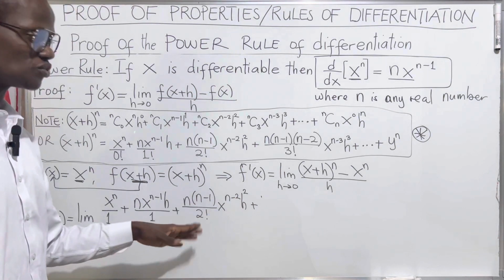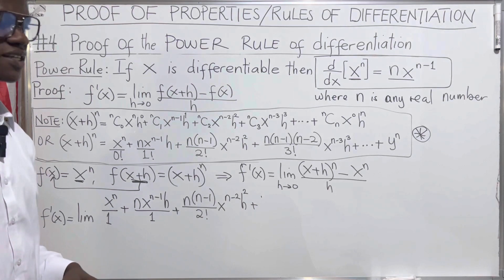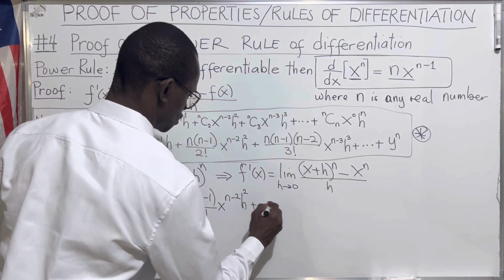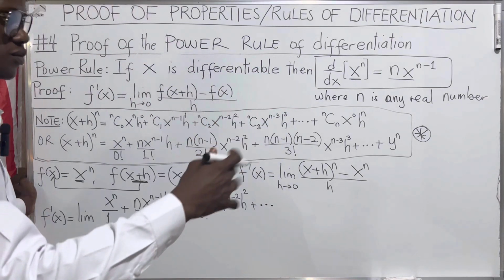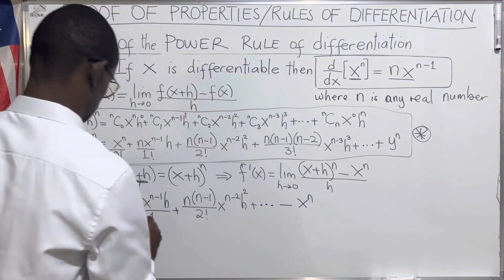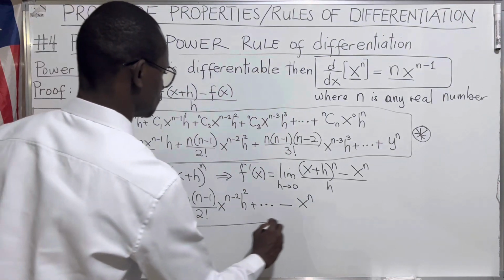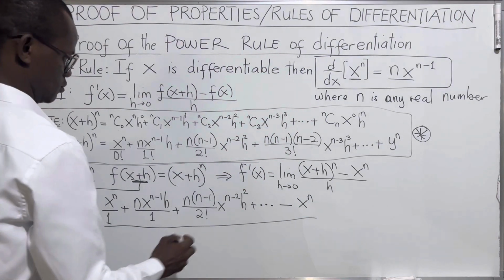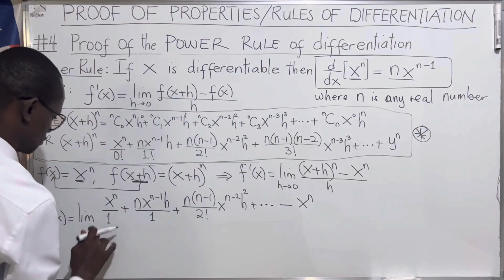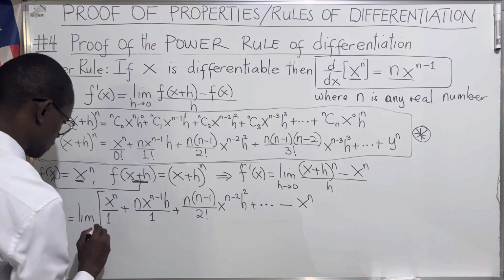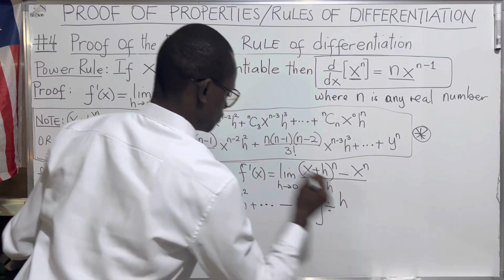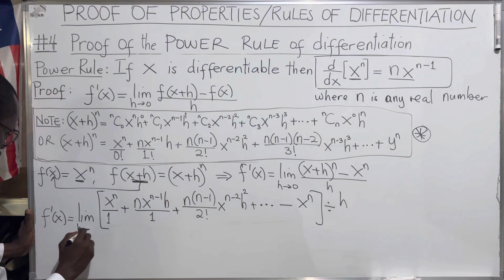From these 3 terms, we can generalize a pattern. So we have plus dot dot dot, which means it continues, minus x raised to the power n, and the whole thing divided by h, as h approaches 0.